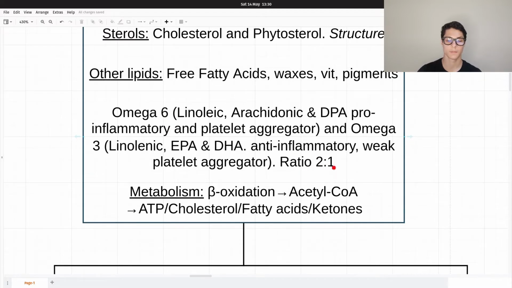But we have a little problem. In our society we have 25:1 in favor of the omega-6s, and that's a very big problem because those fatty acids are very inflammatory.